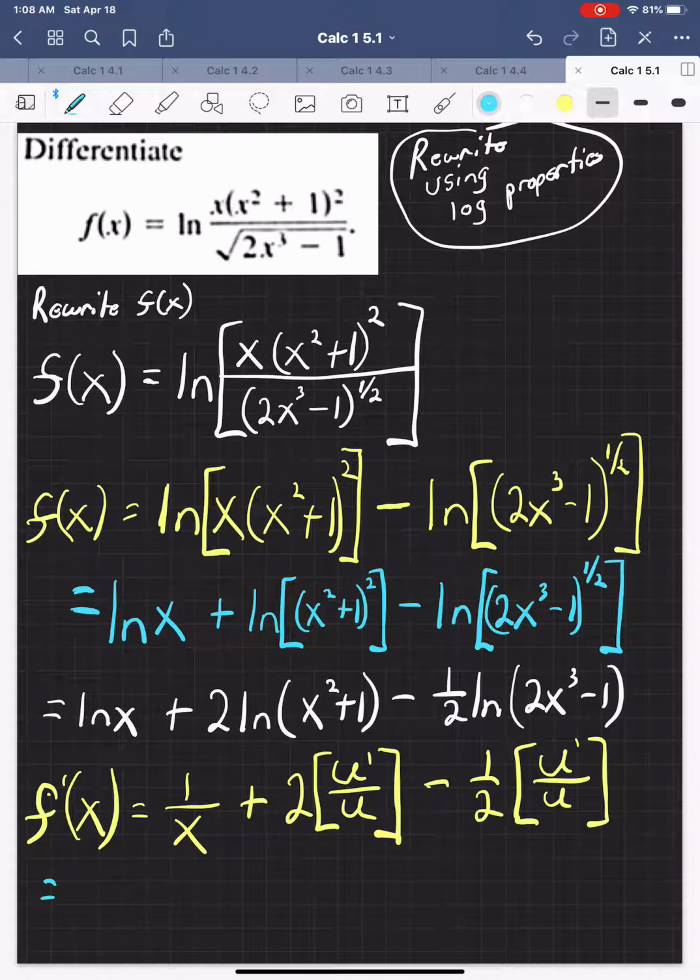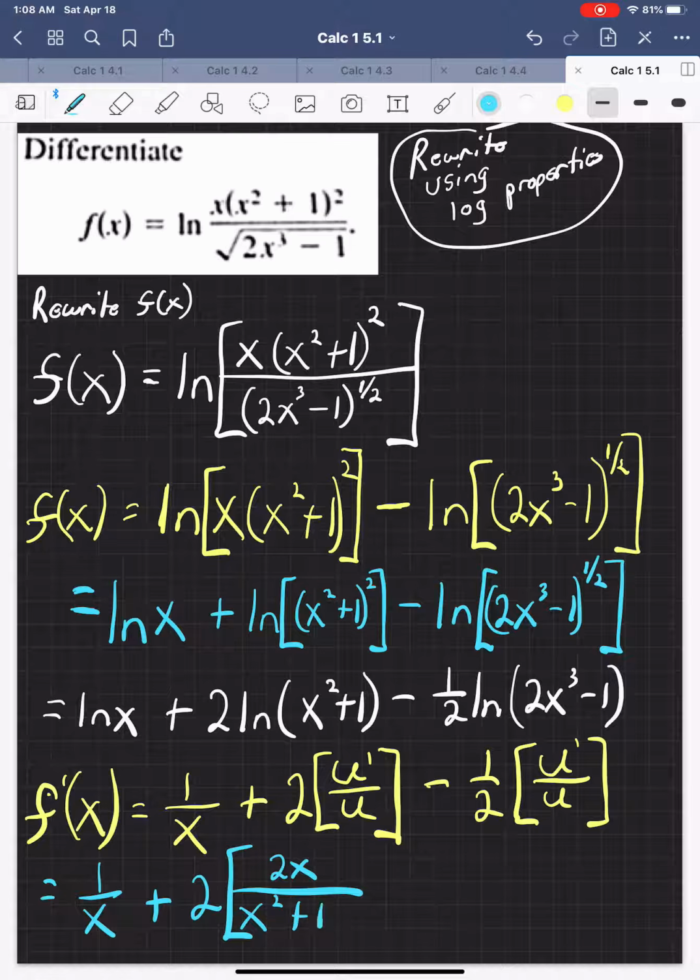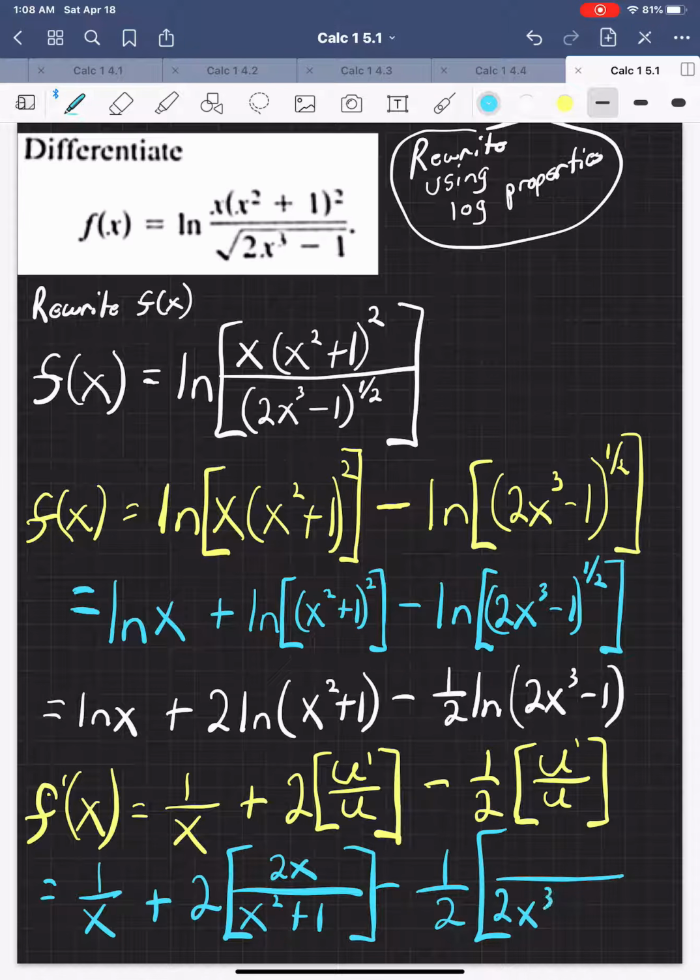So that ends up being 1 over x plus 2 times, well, u prime is 2x, and u is x squared plus 1, minus a half. All right. Well, if you let u equal 2x cubed minus 1, then u prime would just be 6x squared.